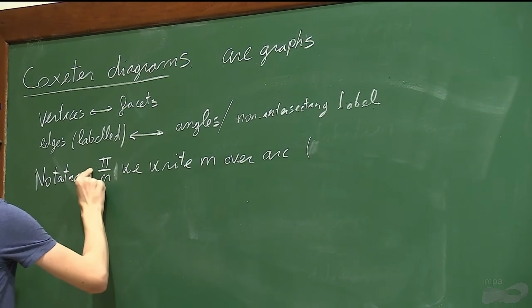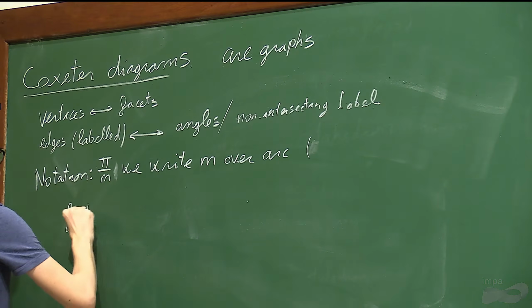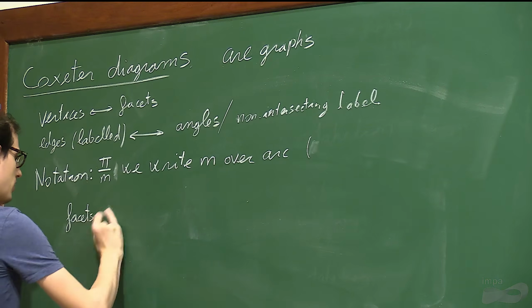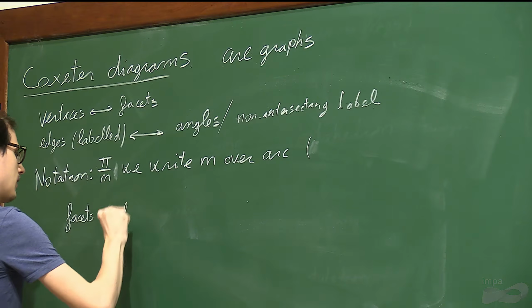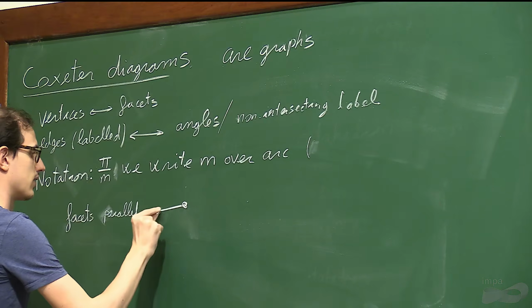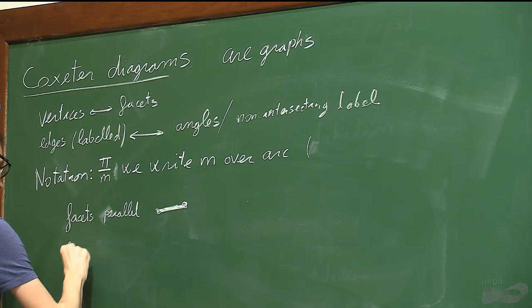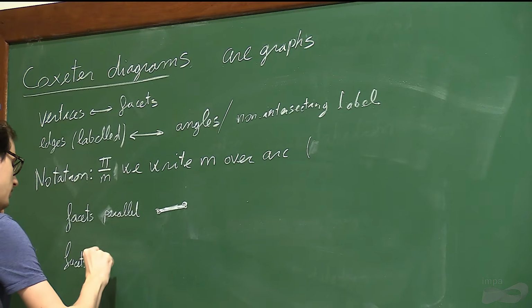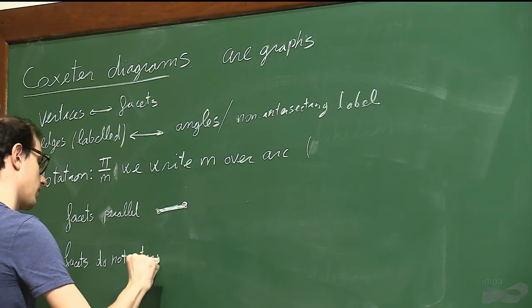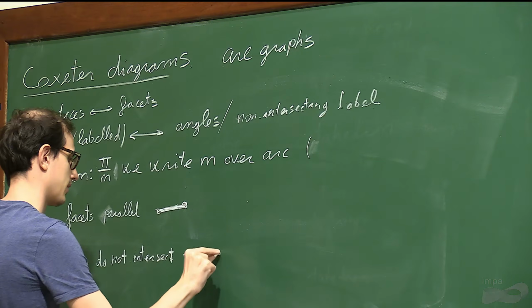If they are parallel, we put a bold edge. If the facets do not intersect, not even at infinity, we put a dotted line.